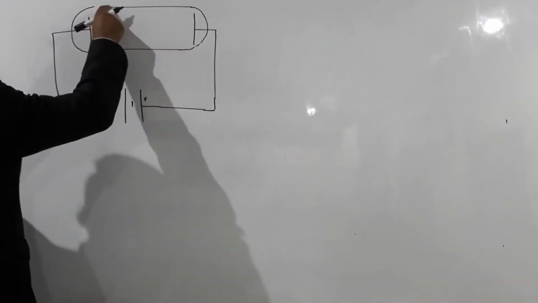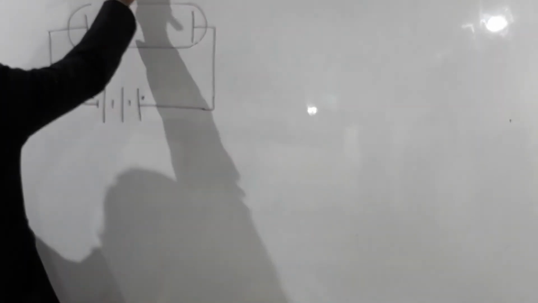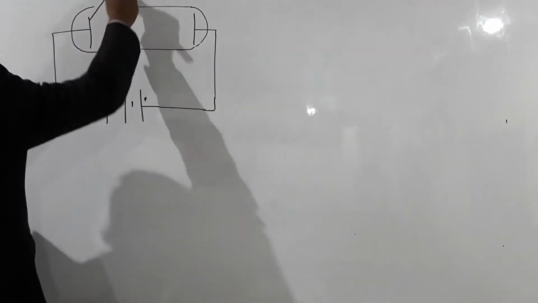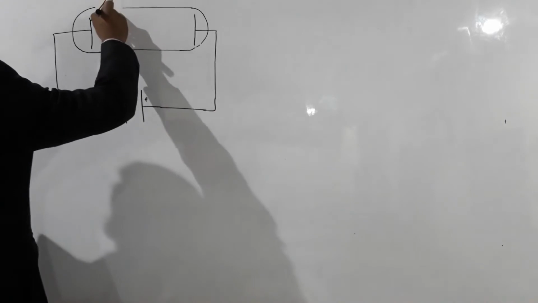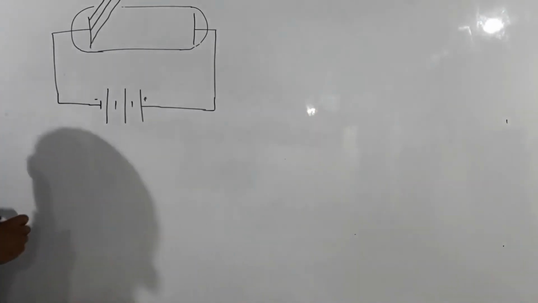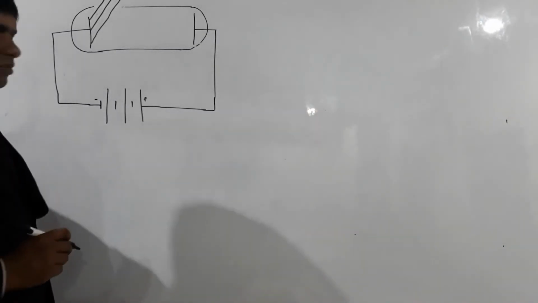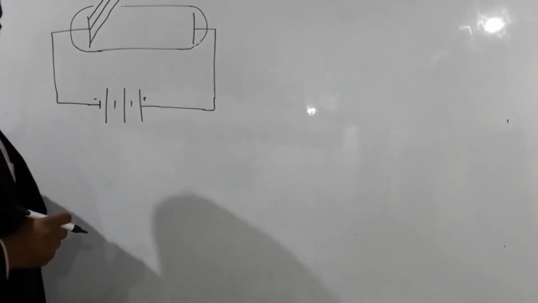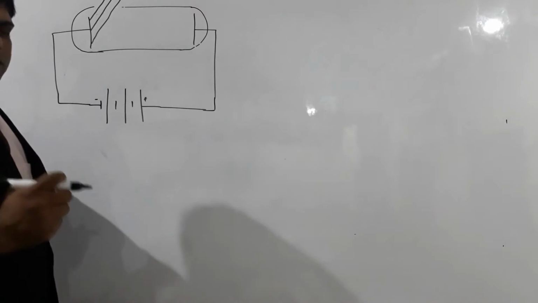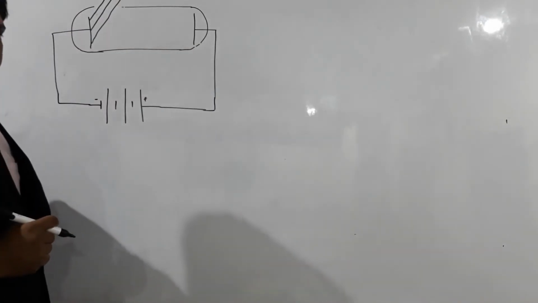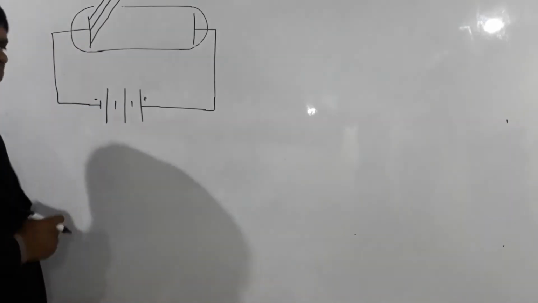There is a small window here through which radiation is allowed to fall on the metallic plate. Now there are some free electrons in this metallic plate which will gain energy from the photons of the incident radiation falling on the metallic plate.